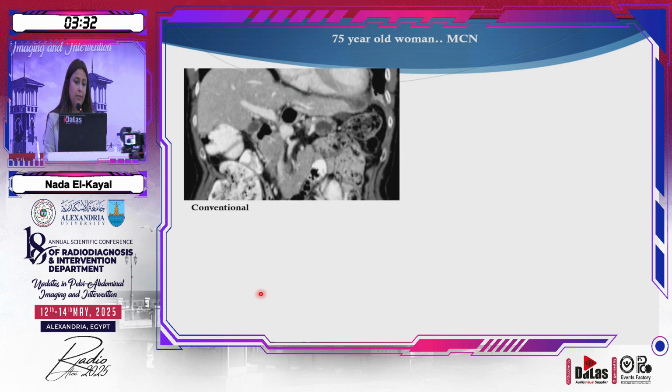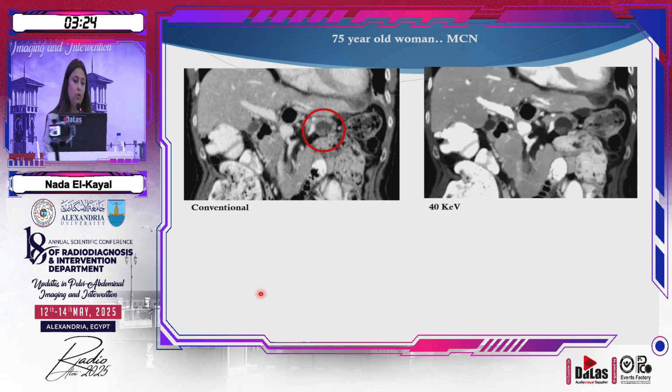On the coronal cuts, there is intermediate contrast between the fluid content and the peripheral density. And on the low keV, 40 keV mono-E image, there is accentuated contrast between the peripheral component and the cyst fluid, which indicates iodine uptake.